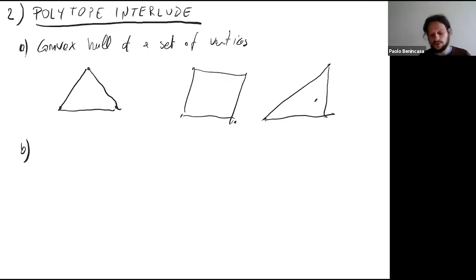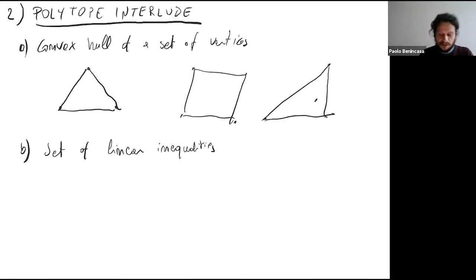There is a second way to think about this. I'm making the simplest example, which I can draw on a plane. However, you can generalize this to arbitrary dimensions. A second way is that you can think of a polytope as defined by a set of linear inequalities, and you have to take the overlap in the space defined by these inequalities.